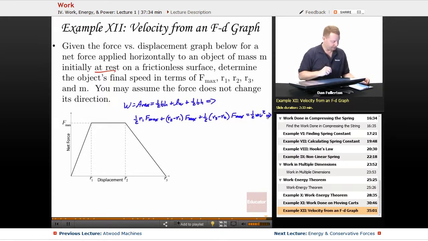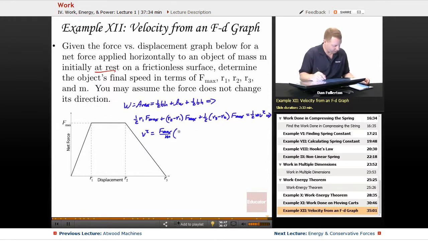This implies then that velocity squared, we can multiply everything else by 2 over m, is going to be, let's factor out an F max over m, and I would get, well, what all are we going to have here?